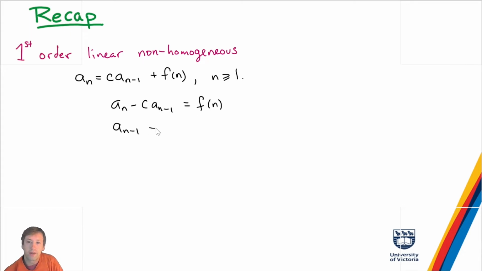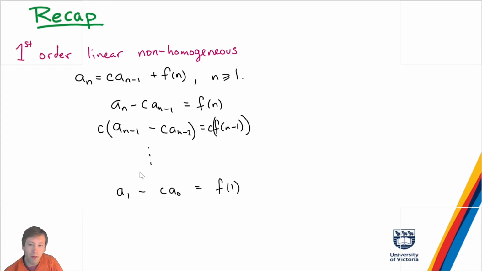We then have something like this for the previous term, dot dot dot, a_1 minus c a_0 is equal to f(1). You can multiply every line by c or some power of c.